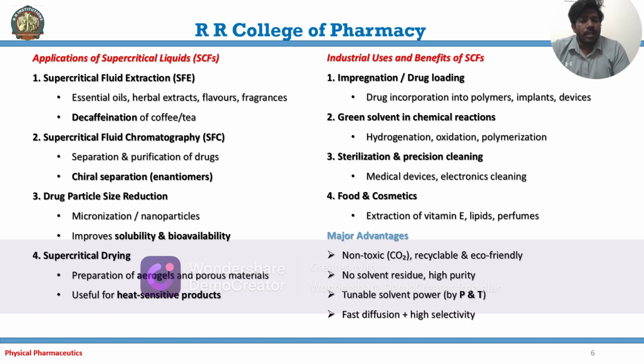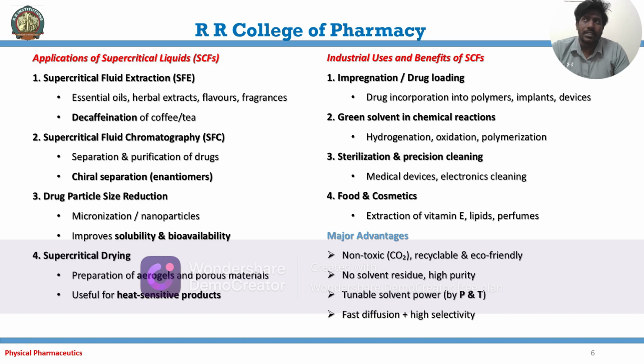These supercritical fluids also act as a green solvent in chemical reactions, that is hydrogenation, oxidation, and polymerization. In industries, they are also used in the sterilization and precision cleaning of several medical devices, electronics, etc.